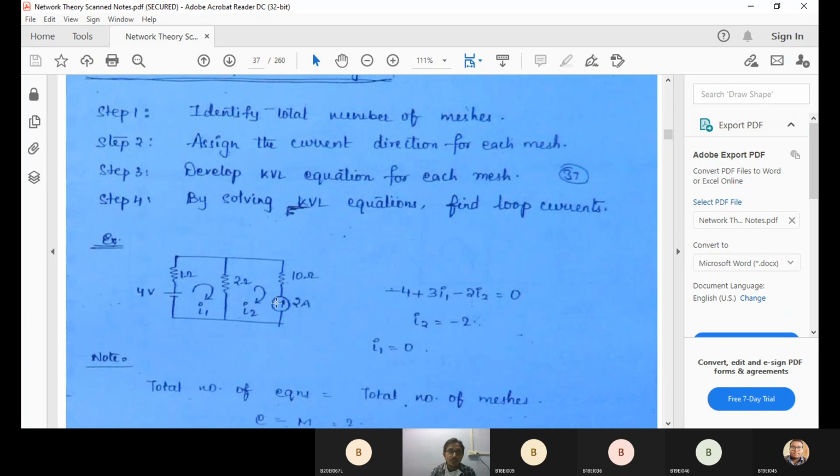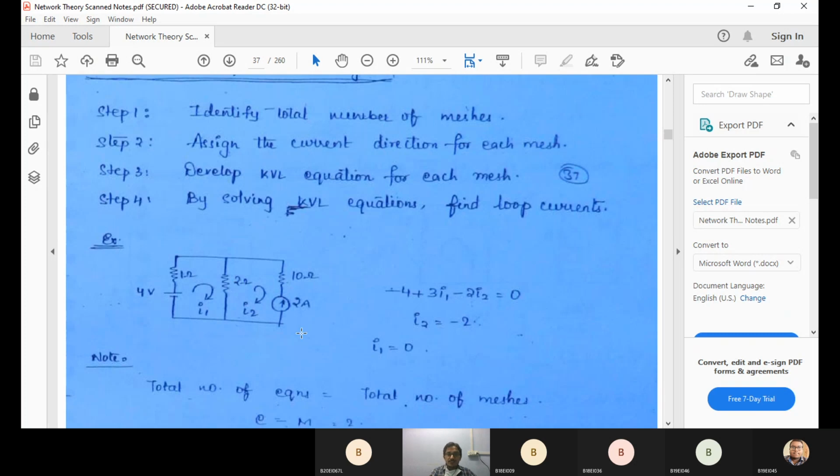Similarly, in this loop, 10I2 minus 2. We are moving in this direction, current is in this direction. 10I2 minus 2 plus 2 into I2. While we are coming to this loop, I2 is positive, I1 is negative. We are taking I2 as reference. 2 into I2 minus I1 is equal to 0.